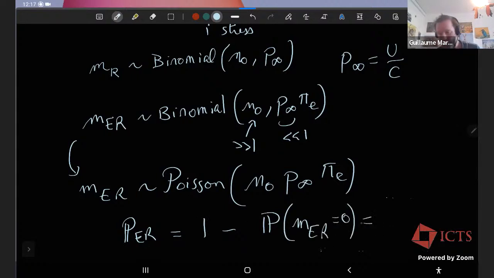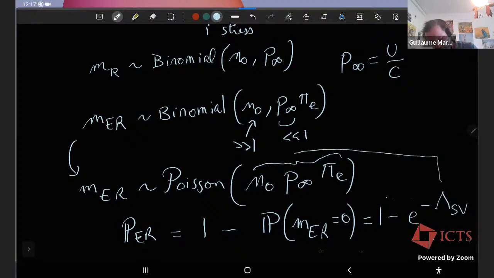And this is from the Poisson distribution property, 1 minus e to the minus lambda SV, which is the rate that is here. The rate being equal to the expectation. So this way we have a quite simple theory for the probability of rescue if there was just standing variance.